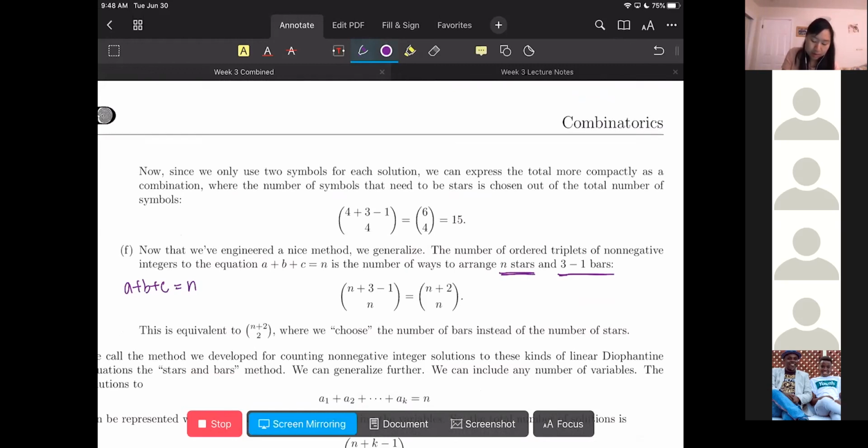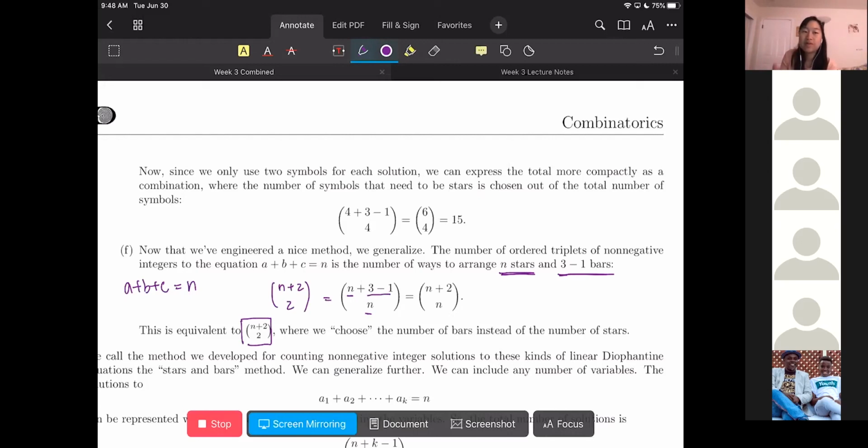So we want to choose N of them to be stars, or we could say we want to choose 2 of them to be bars. They're equivalent.